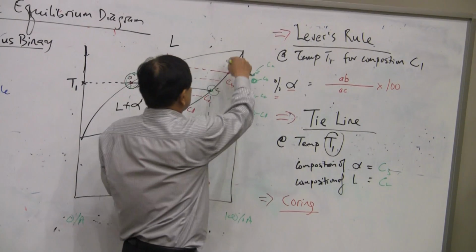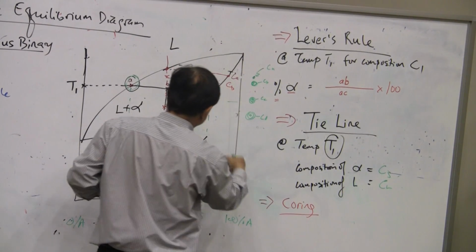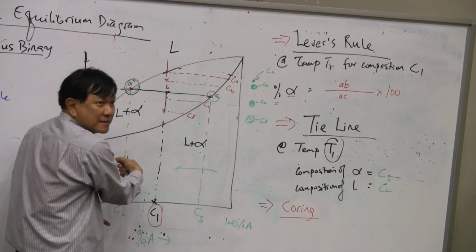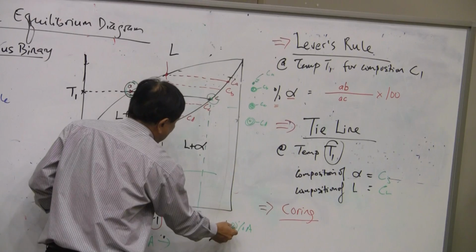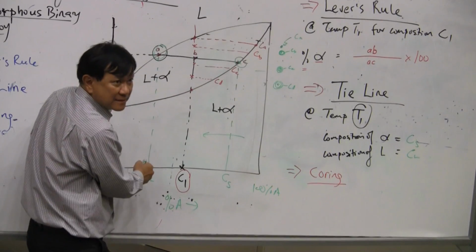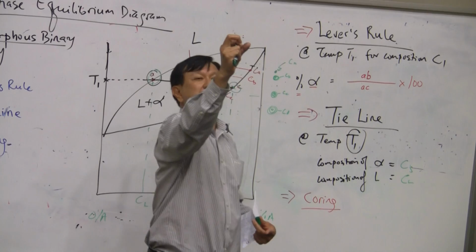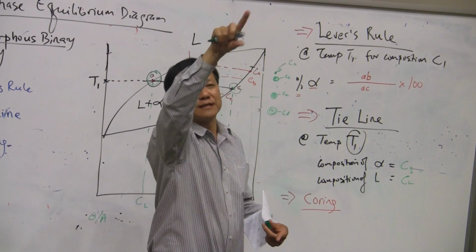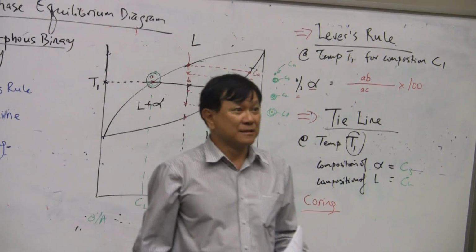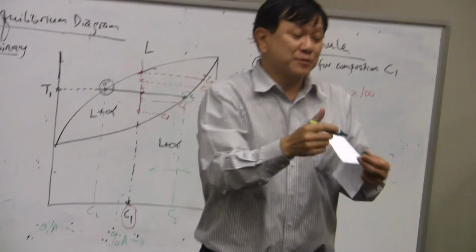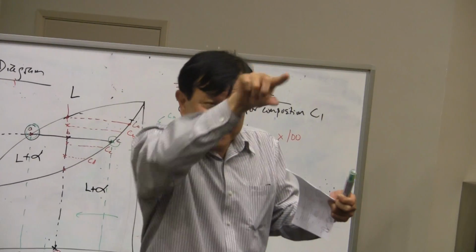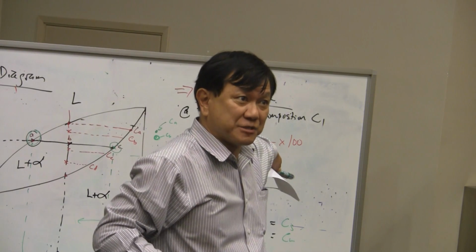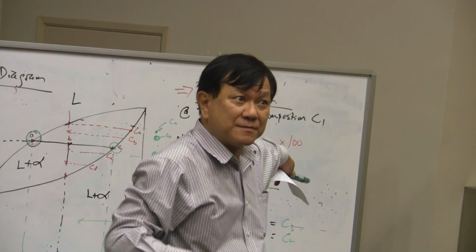Initially the composition will be coming in this direction, which means I will get less and less A. So the first one will be very rich in A, and as I go outer and outer, you will get less and less A. So in the center region, I will have more of the higher melting point material, which is A. Are you clear or not?